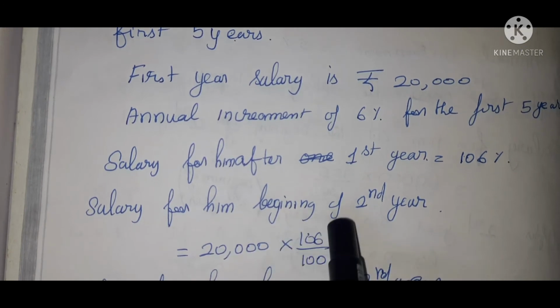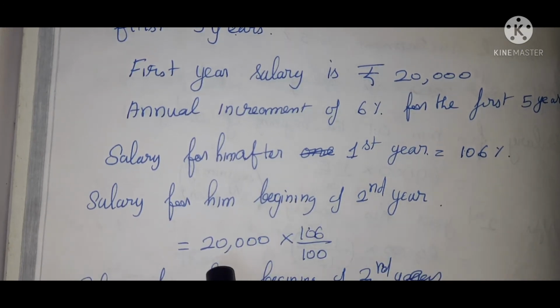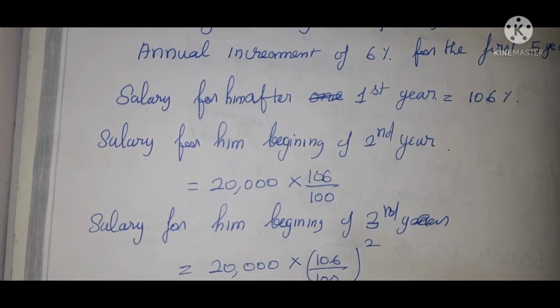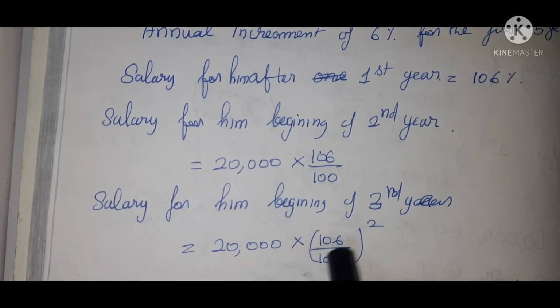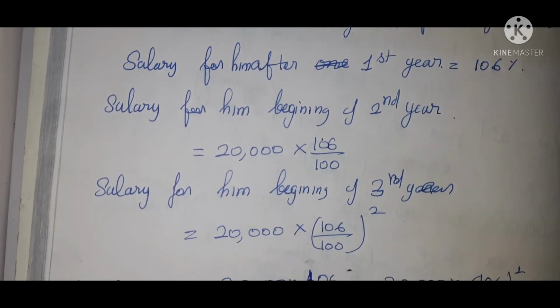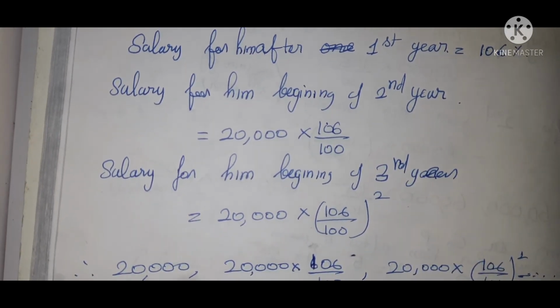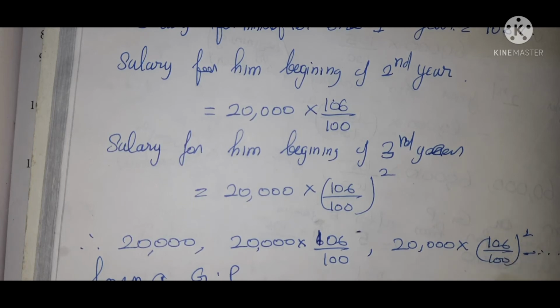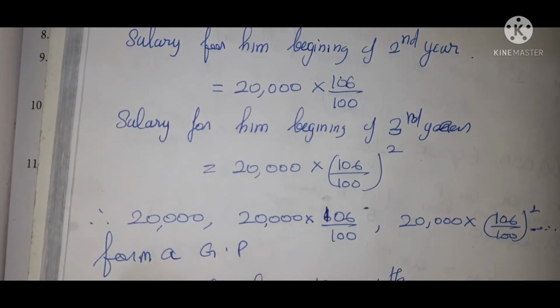Salary for him beginning of second year, 20,000 into 106 by 100. Salary for him beginning of third year, 20,000 into 106 by 100 the whole square. Therefore, 20,000, 20,000 into 106 by 100, 20,000 into 106 by 100 the whole square, and so on form a GP.